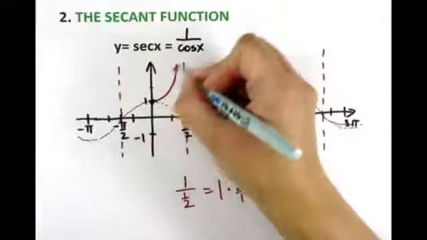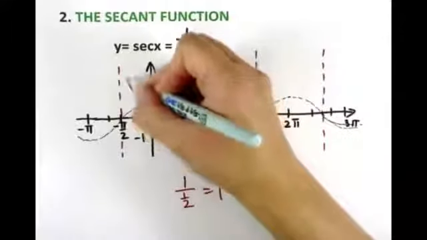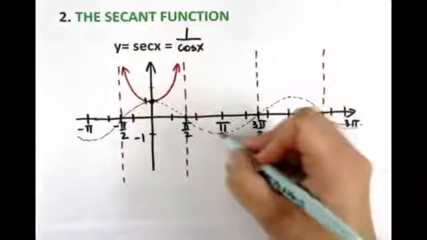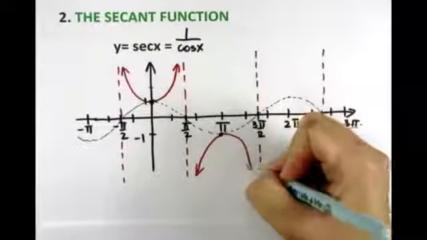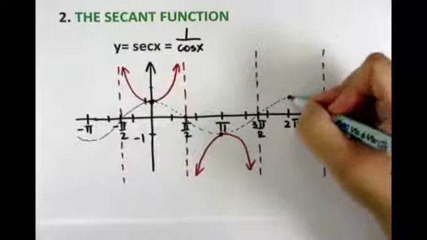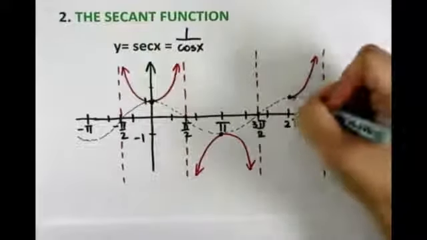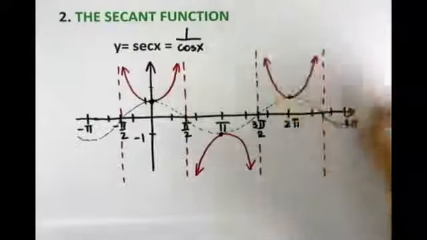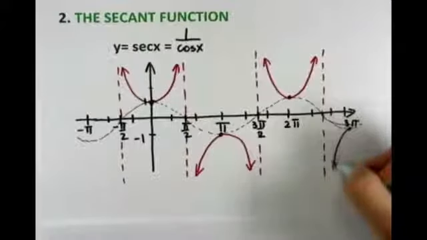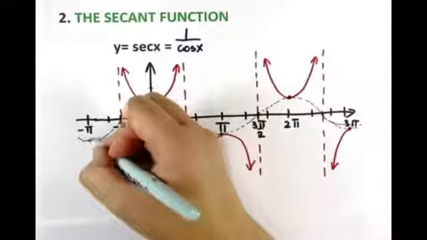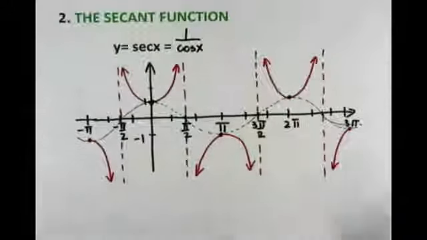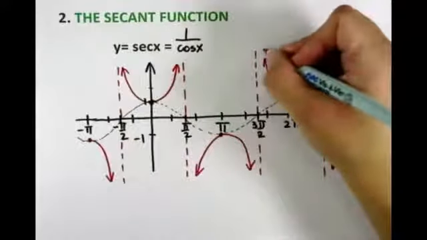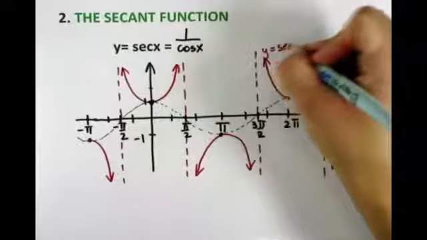So the graph goes up. Here we go. And then it goes down. And then it goes up. And the same way goes down. Okay, so the red graph is secant, y is equal to secant x.